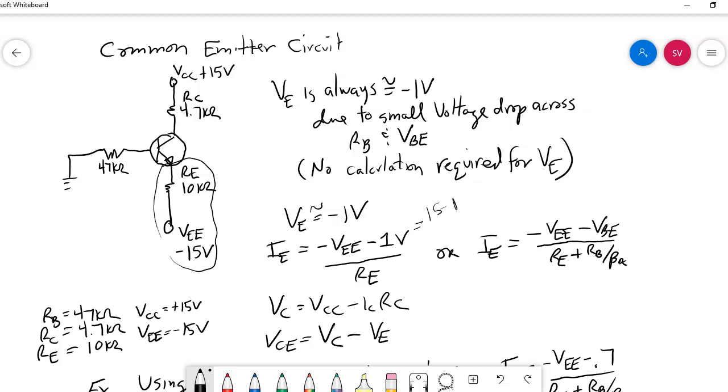Because at the emitter end, you have two different voltages to worry about, this VEE and your VE value, which is minus 1 volt approximately. So you have 15 minus 1 over your RE resistor of 10,000 ohms. So we end up with an emitter current of about 1.4 milliamps.